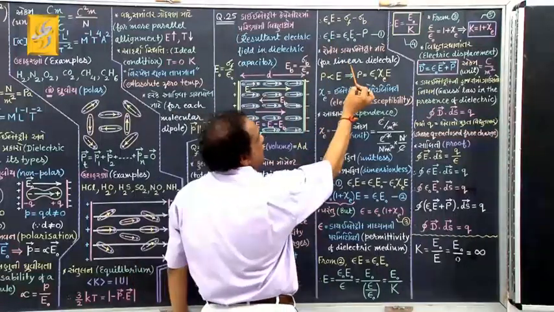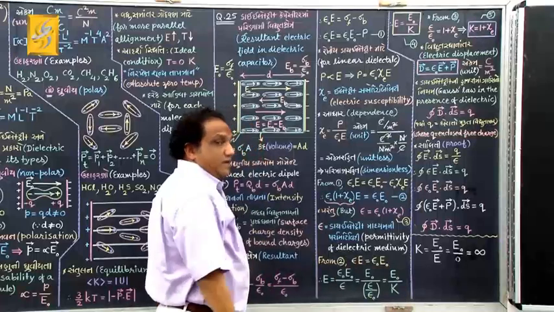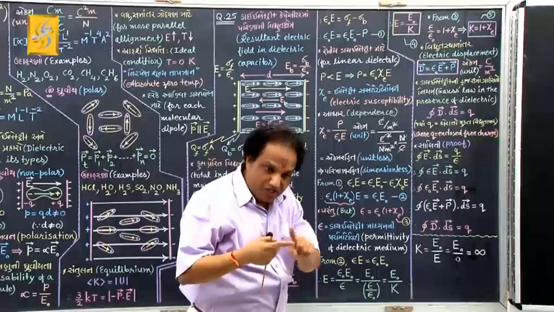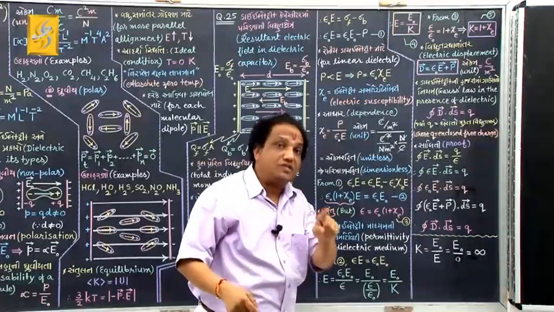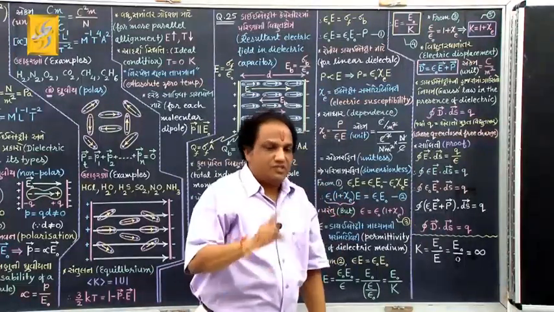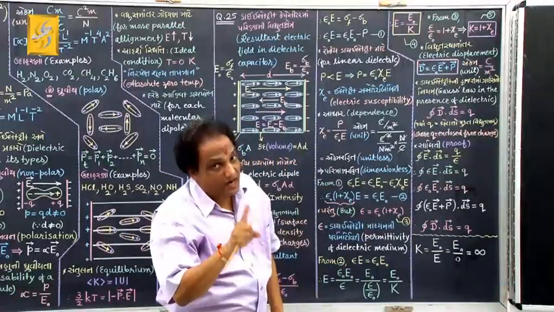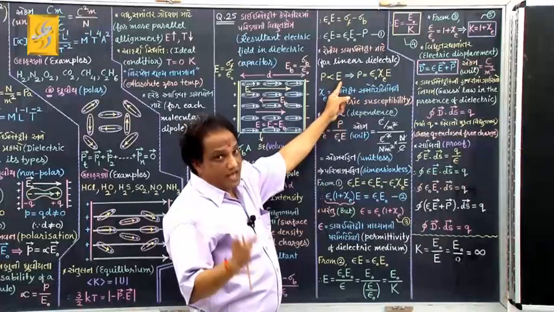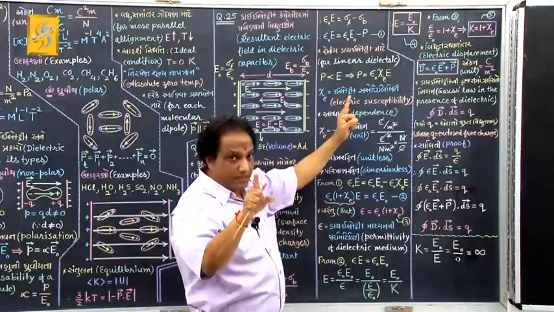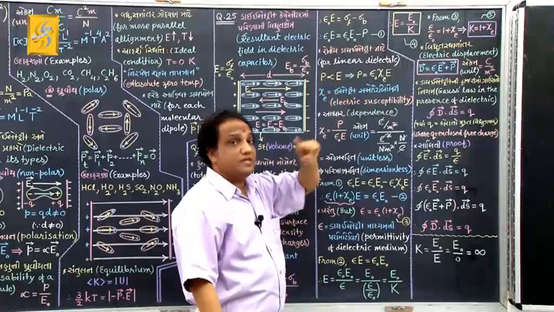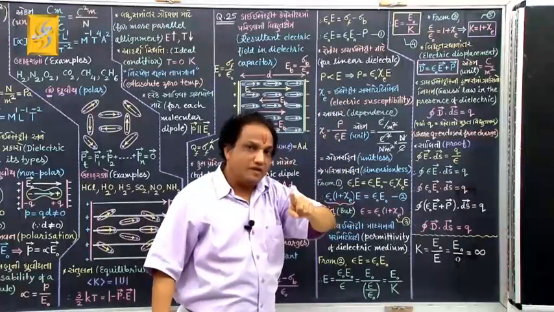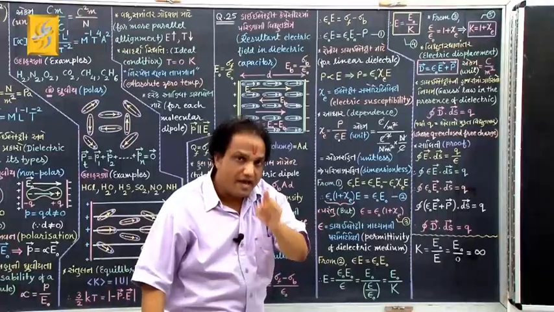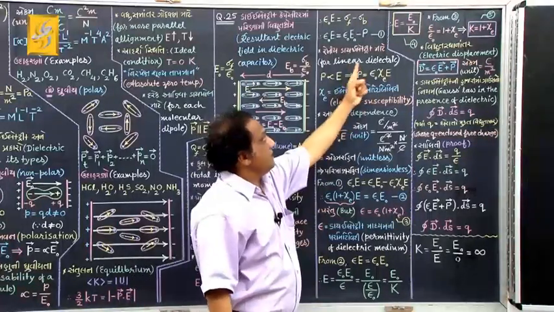Now what is called linear dielectric? Linear dielectric is that in which the intensity of polarization is found to be directly proportional to the resultant electric field. Such a dielectric is called linear dielectric because when there is a linear or direct proportionality relation, the graph of this versus this will be a straight line, and because the graph is linear, we call the relationship linear, and hence the name linear dielectric.